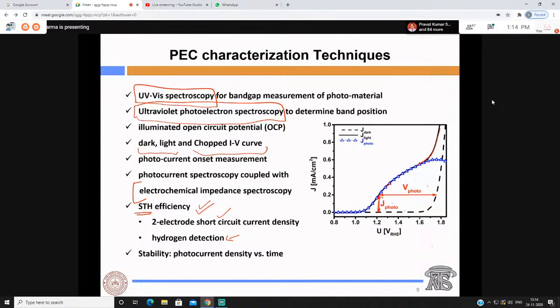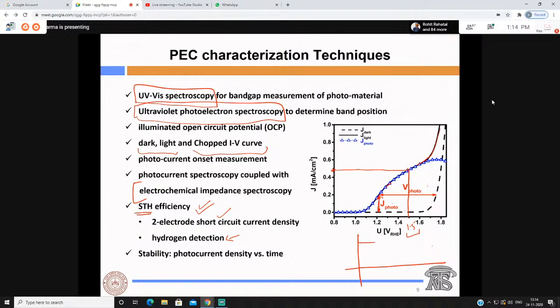Okay, for example, in this system, let's say we are getting 0.5 milliampere per centimeter square current density at 1.5 volt. So we do the chronoamperometry. In the chronoamperometry, we set 1.5 volt, and then we see for a run how the current density varies.